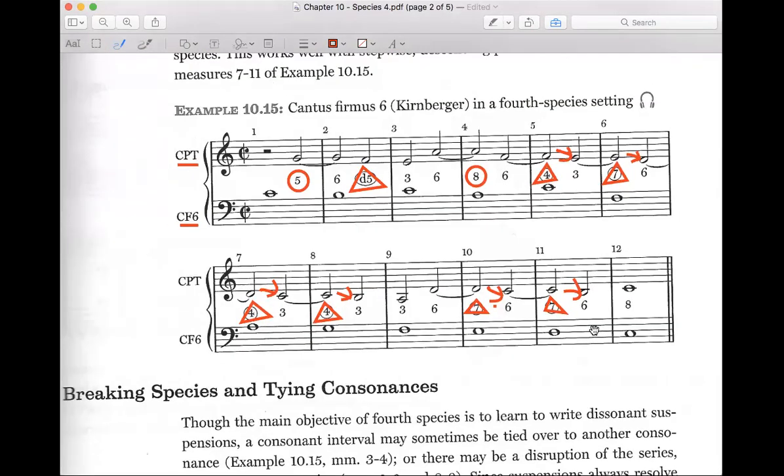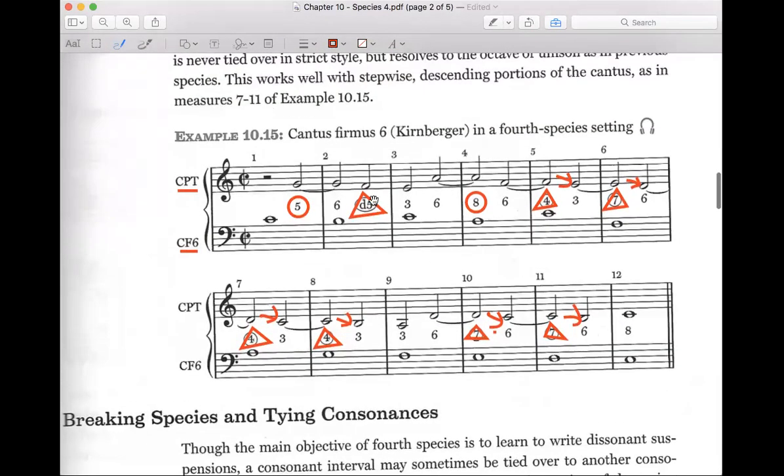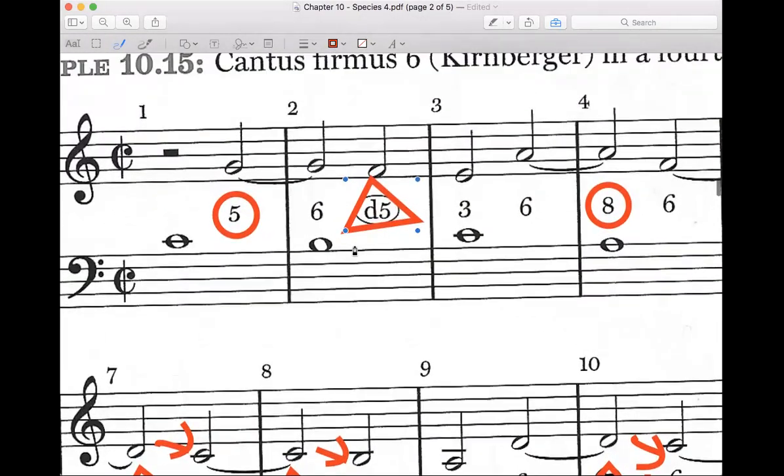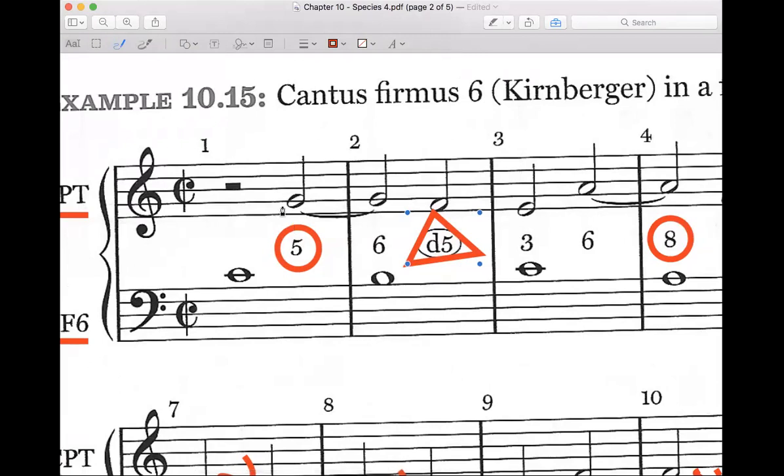Okay, this is great. What about this? This is interesting. This is something a little different, isn't it? This dissonance is not a suspension at all. In fact, this section here, these 2 measures, look a lot like what species? That's right, I can hear you all saying at the same time, species 2.